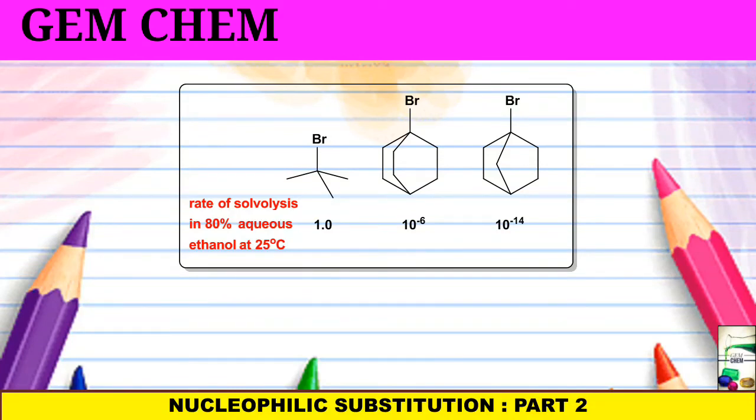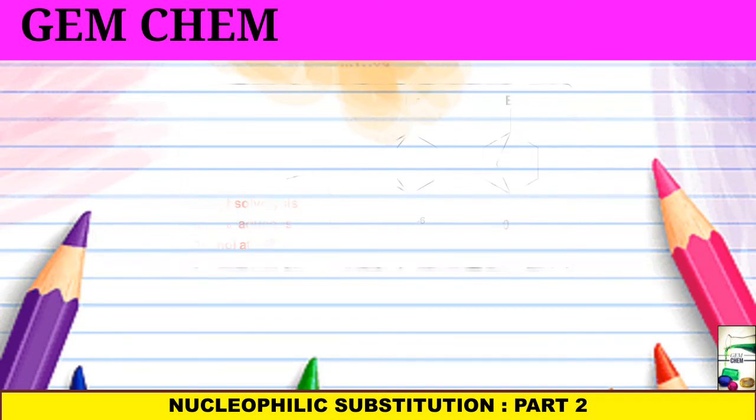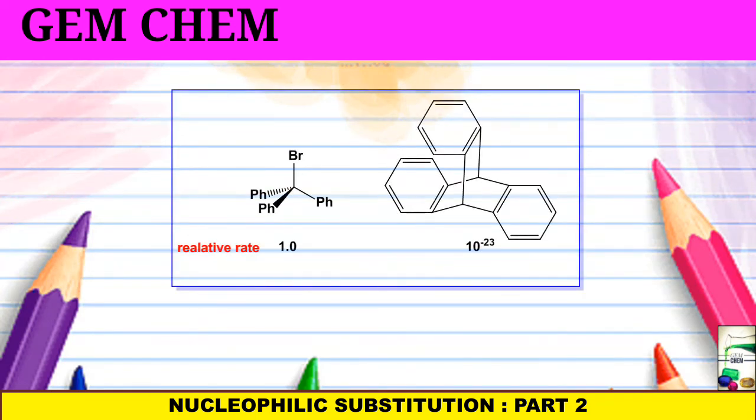The very greatly reduced solvolysis rate of the last one compared to the second one reflects a greater rigidity about the bridgehead with a one carbon bridge in the middle. Okay, and here there is a two carbon bridge in the second one. This type of bridged compound was first studied by P.D. Bartlett and L. Knox. Now the last example which we are going to deal with is these two.